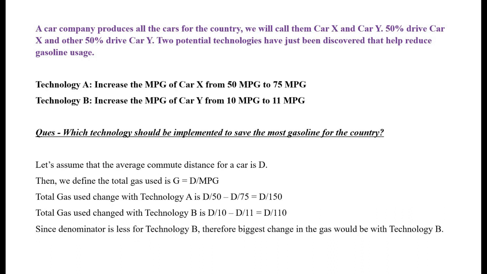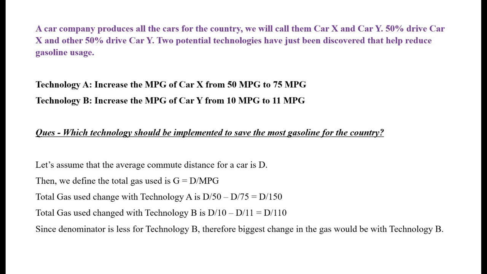That's how the gas usage has changed after implementing technology A. Similarly, we can also calculate how much total gas has been saved when we implement technology B. It's saying that for technology B, miles per gallon has increased from 10 to 11. So in that way, we can put it as D divided by 10 minus D divided by 11. That comes out to be D divided by 110.